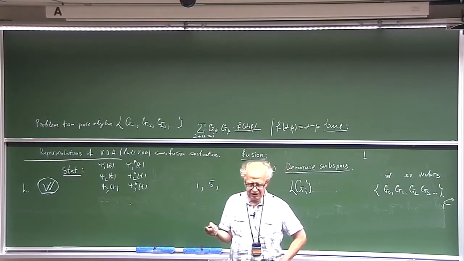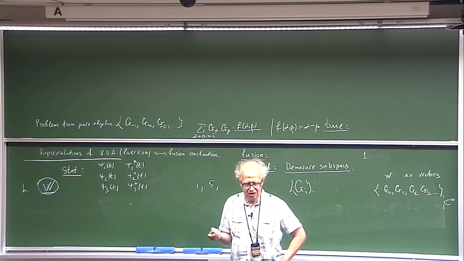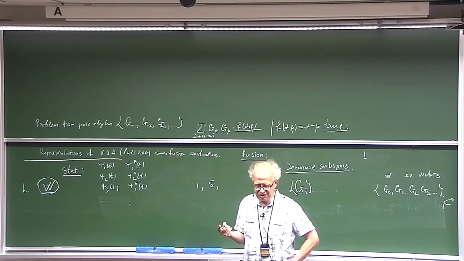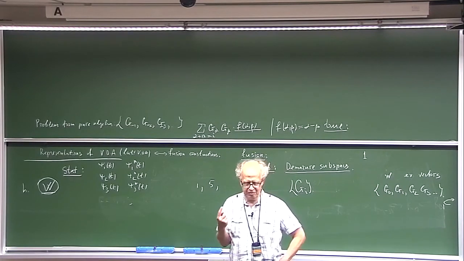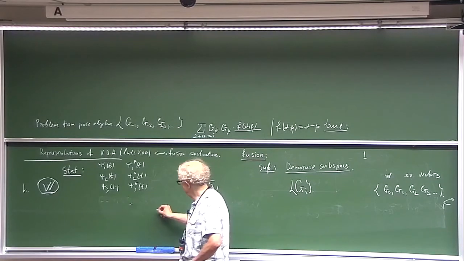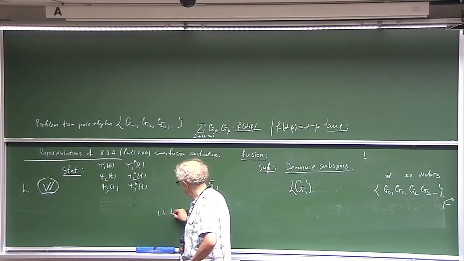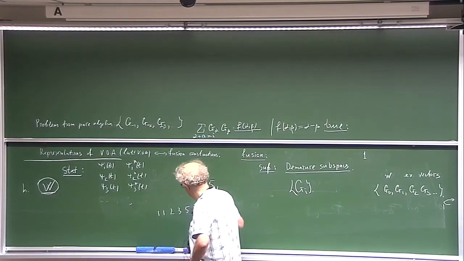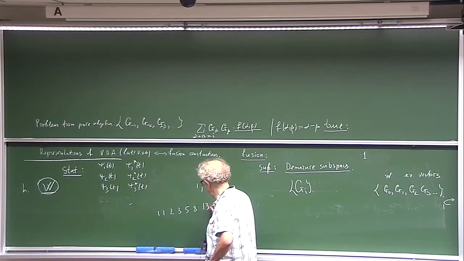But at least at the end of the previous lecture, we had something equal to Fibonacci numbers. And these Fibonacci numbers, what were they? 1, 1, 2, 3, 5, 8, then 13, then 21.